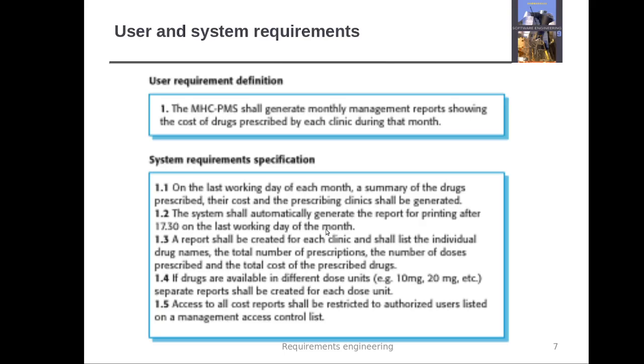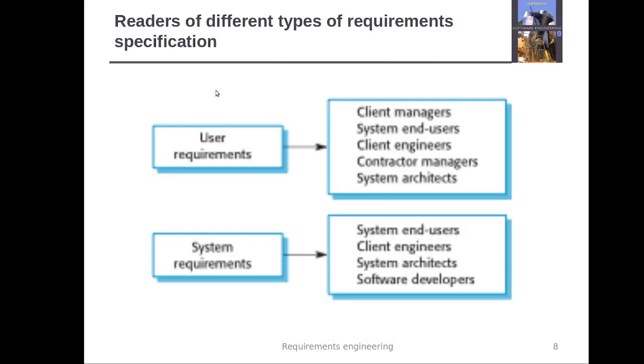So one thing you have to understand is that the user requirement given was a little abstract. However, for the system requirement for the same feature, we have a full description, right? Now, who are we interacting with, who is responsible for giving these requirements?